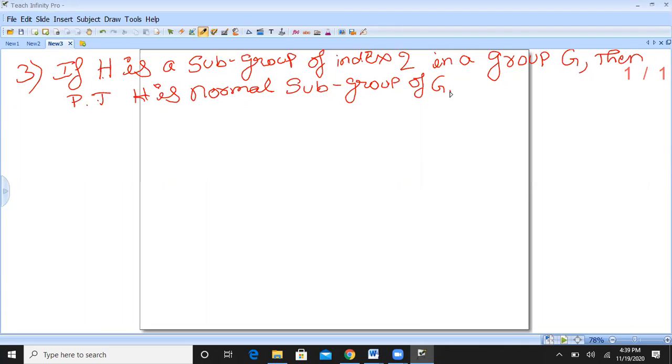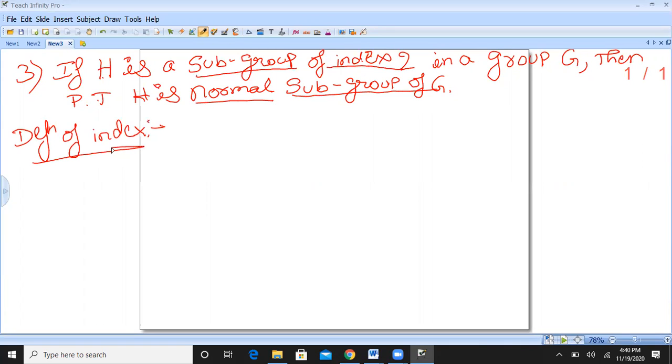So the index is 2, in group G, H is a subgroup of index 2, then we have to prove it is a normal subgroup of G. Okay, so we must know the definition of index. I think you have studied the definition of index.